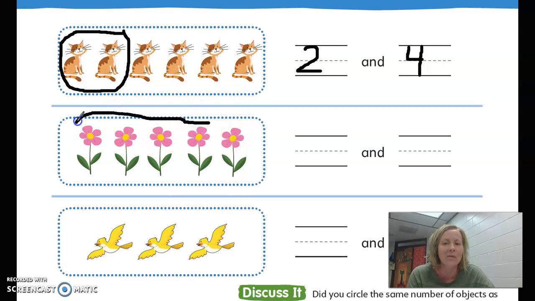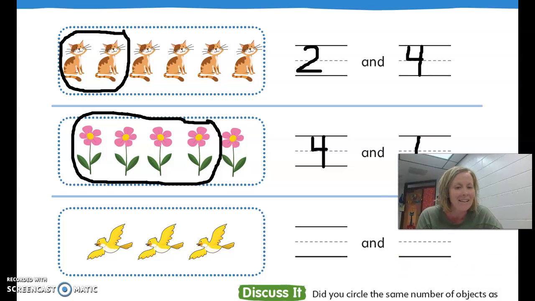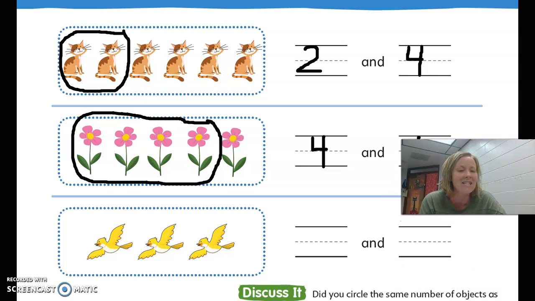I'm going to circle 4. I really wanted lots of flowers, so I picked 4 and I left 1 in the ground. Does your answer have to be exactly like mine? It doesn't, does it? As long as your numbers equal 5, you have a correct answer.